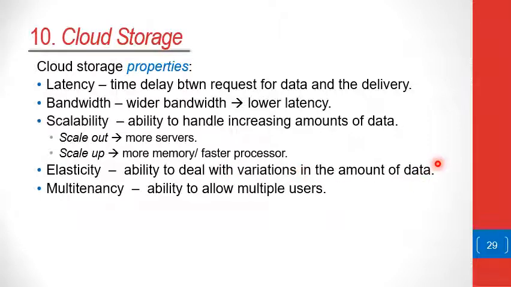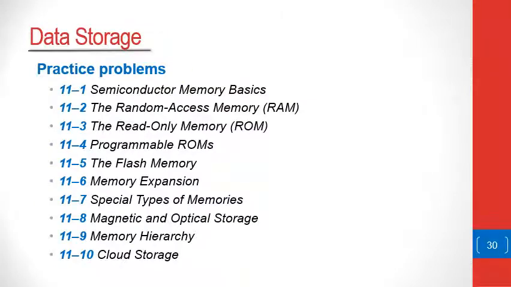Even when less cloud storage is required, the cloud storage provider can scale down, and from the user's perspective, they can use less. So it's elastic in that sense. It can go both up and down. And the other important property is multi-tenancy, which refers to the ability of the cloud storage to be used by multiple users. At this point, you have reached the end of the chapter.